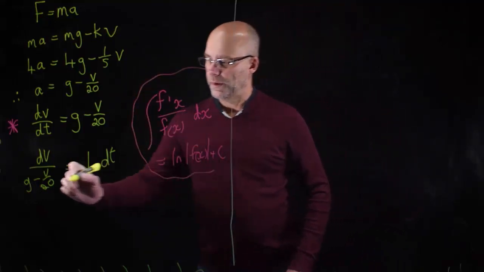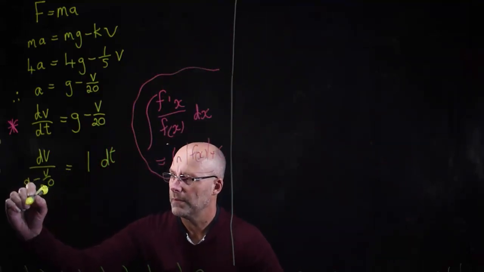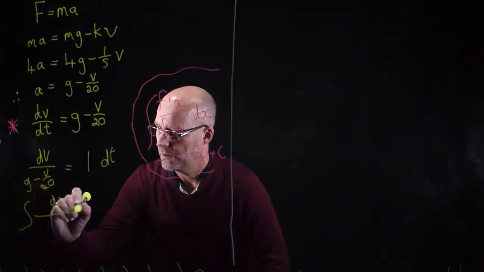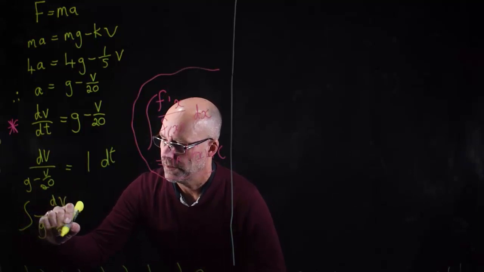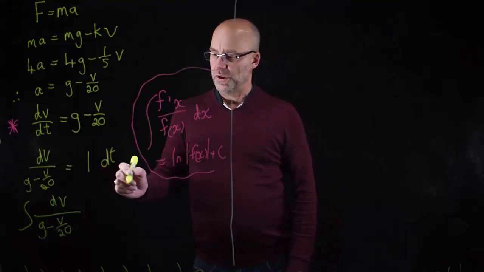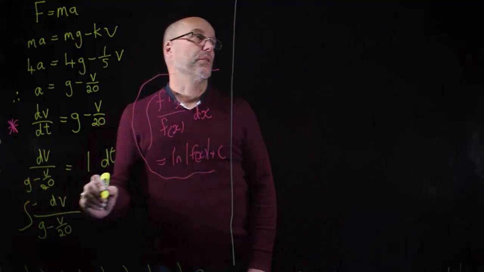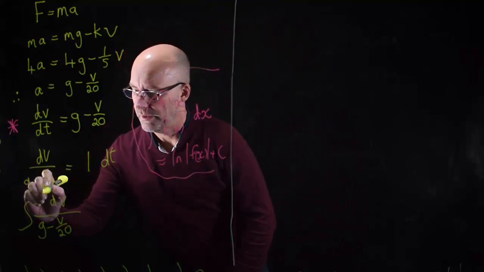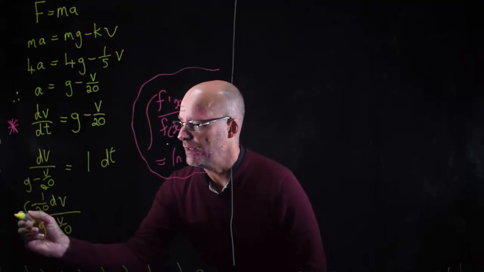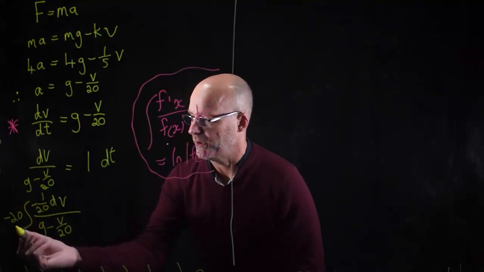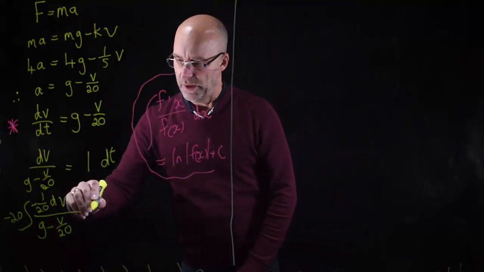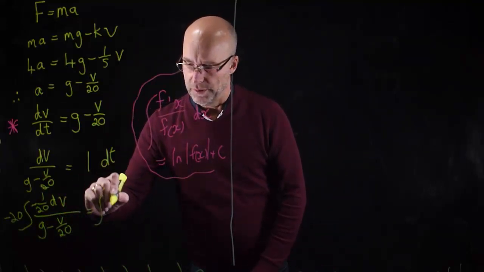More specifically, however, we have negative v on 20 plus g on the bottom, so we need negative 1/20th on the top. We need to counteract that. So that says negative 1/20 dv. We have to counteract that by the reciprocal. Best place to put it is outside, so that's negative 20 times that integral there with regards to v, and we integrate 1 dt.